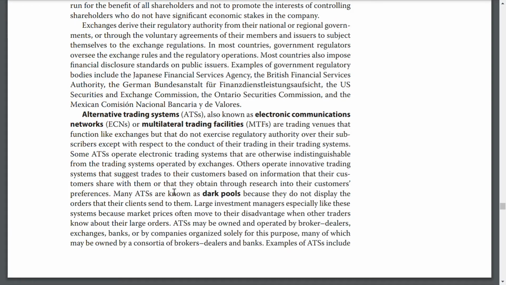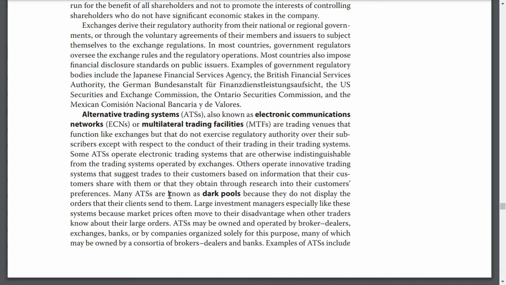Others operate innovative trading systems that suggest trades to their customers based on information that the customers share with them, or that they obtain through research into the customers' performance. Many ATSs are also known as dark pools, because they do not display the orders that the clients send to them.